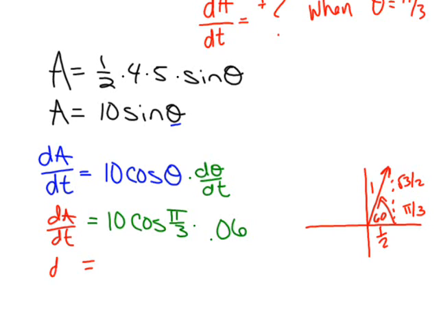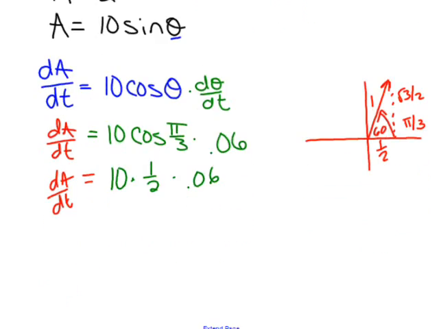So dA/dt is equal to 10 times 1/2 times 0.06. And then 10 times 1/2 times 0.06 is 5 times 0.06, which is 0.3. Let's make sure we put some units on this. Since it's area, we should know that our units need to be squared.